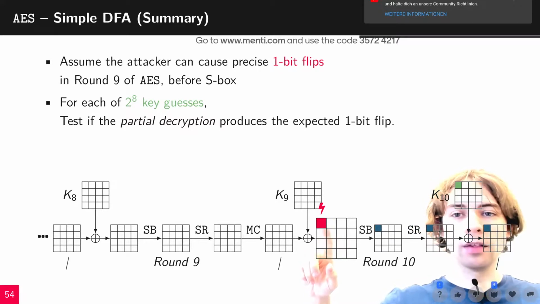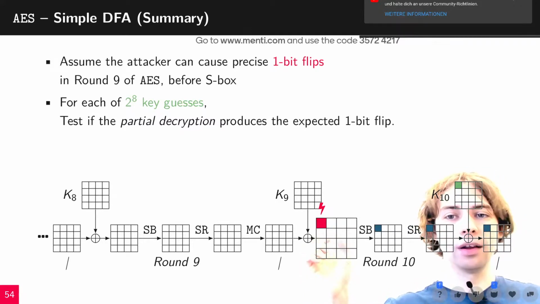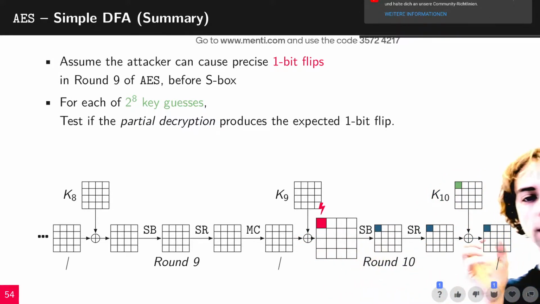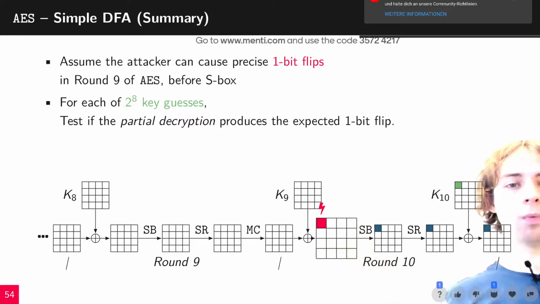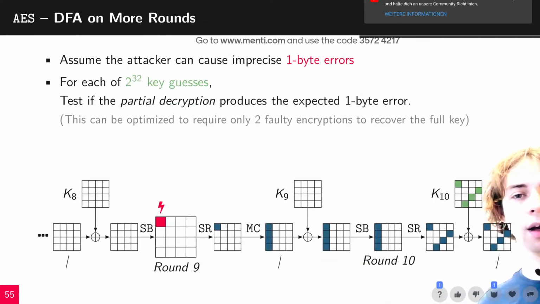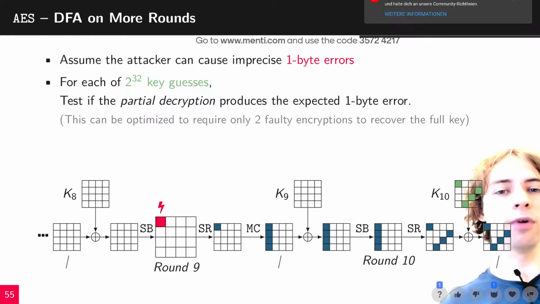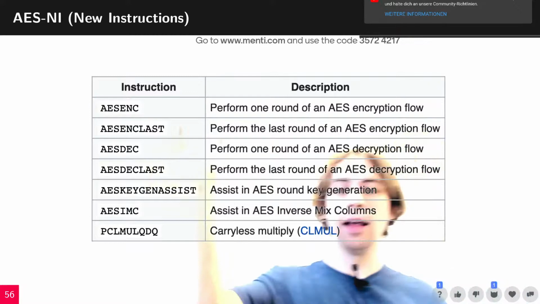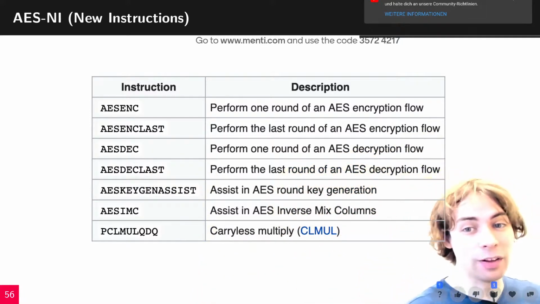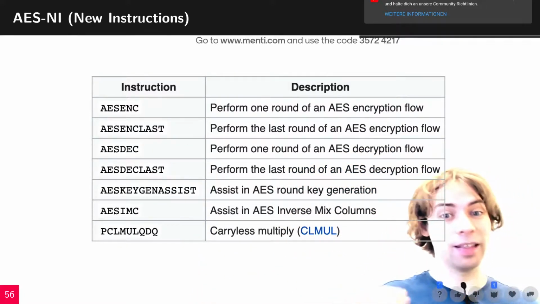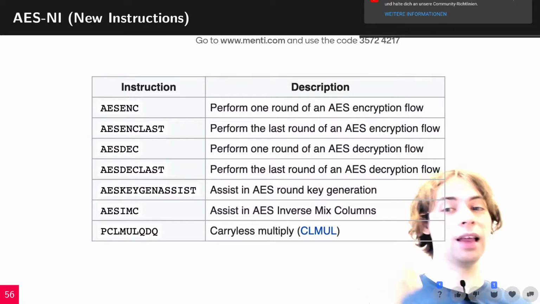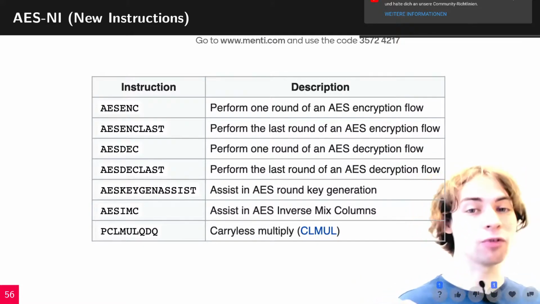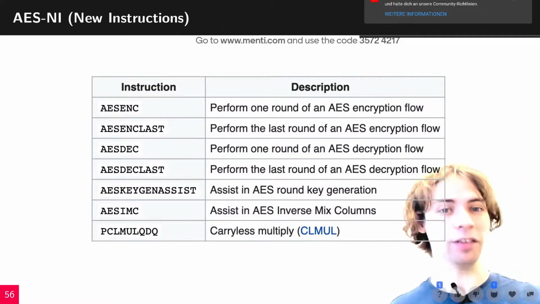So what can we do there? For each key guess, we test whether the partial decryption would produce a single bit flip here, and in some cases, with 2 faulty encryptions, we can already recover the full key. And what we attack here is, of course, the state of the art, the AES encryption that you are all using all the time, and that you are using right now because you're streaming something over the internet that's encrypted with AES, with these instructions.